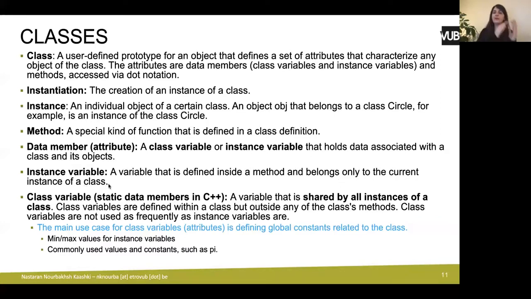So instance variables are related to the instance of the class, not to the classes. But class variables are variables that are shared by all the instances of a class, and in fact, they belong to the class.